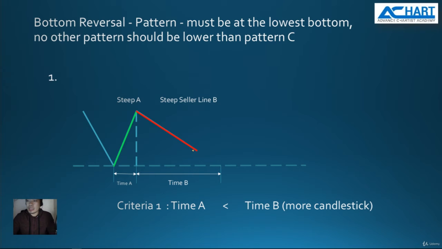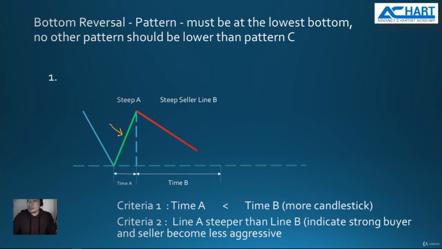This results in line A being steeper than line B. Right, these are steeper than line B. So we can say that the buyer is aggressive, but the seller becomes less aggressive, and hence subsequently after the retracement, it has a potential to go up.